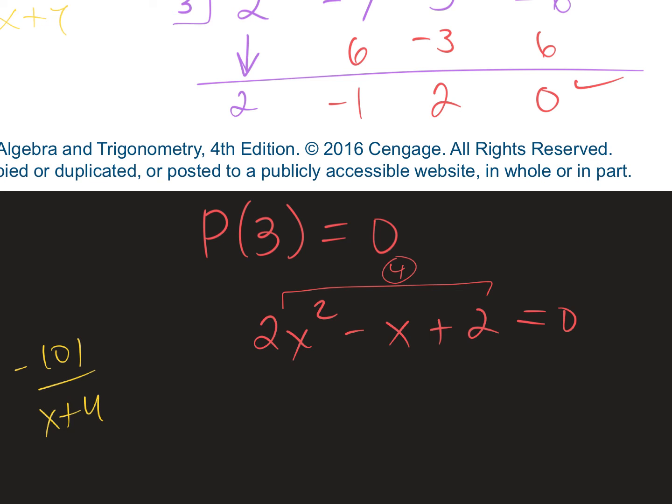So if you had to finish this problem to factor completely, what would you have to use? The quadratic. We're going to get to that in the next couple sections. When it says to factor completely, a lot of times you're going to use synthetic division for the first one. Then whatever you have left over, you can factor it either using grouping or trinomial. And if not, you have to use the quadratic formula.